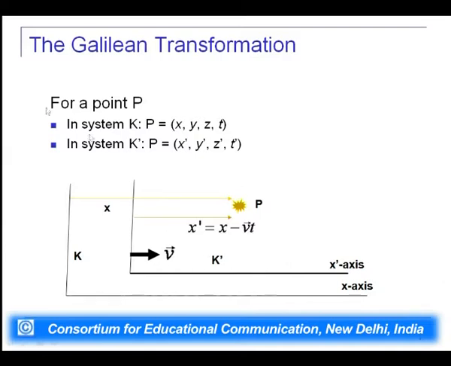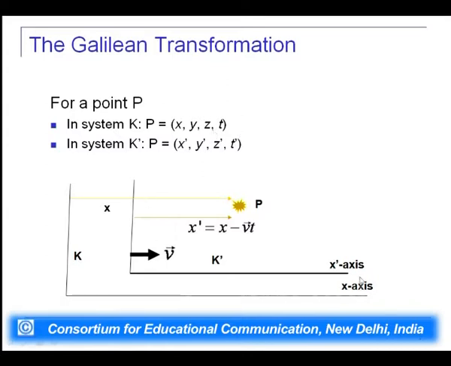Then in the system K, if we talk about P, what are the coordinates of P? For this frame, the coordinates of P are x, y, z and t. We already talked about the system being defined by four dimensions: x, y, z and the time t. So the point P for the reference frame K, which is the static reference, having the coordinates x, y, z and the time coordinate t, is defined by x, y, z and t.